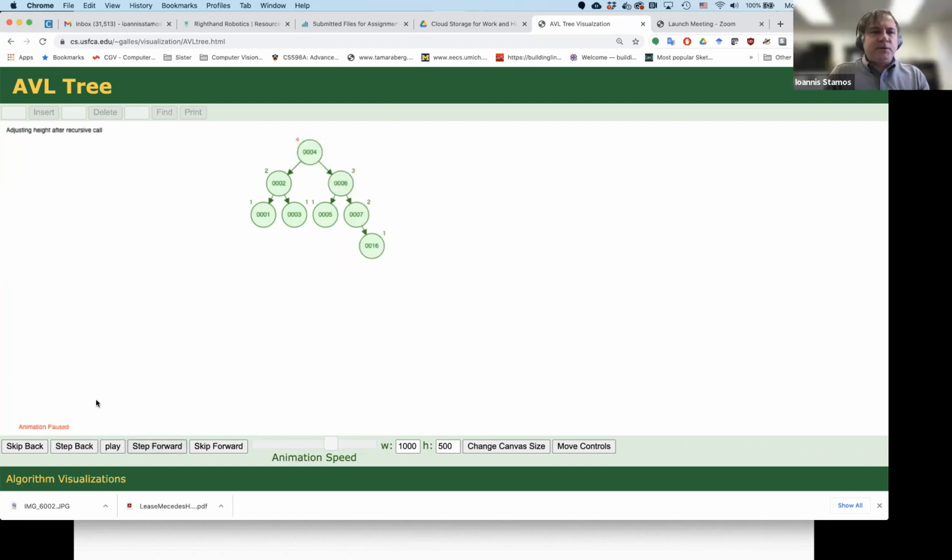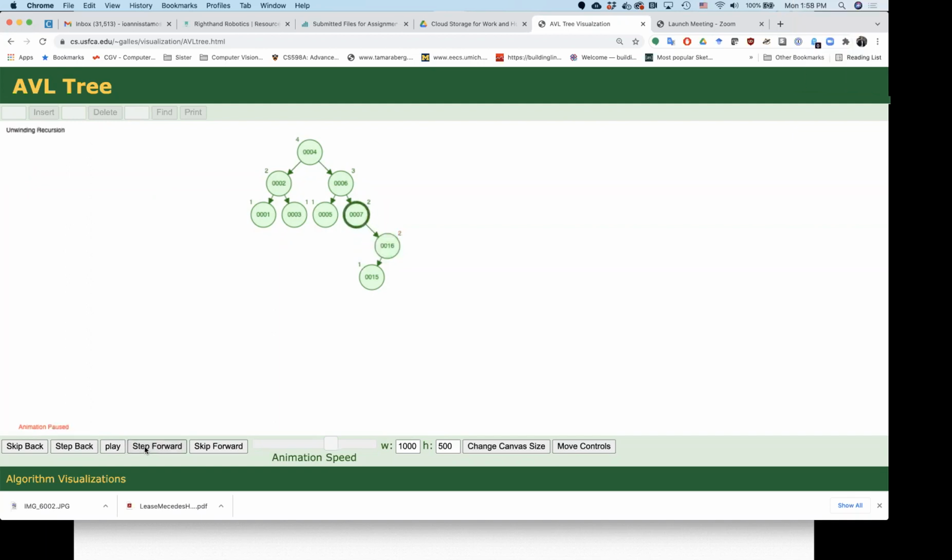Here, no. So nothing is happening. 16, 15. We insert 15. Now you'll see what is going to happen. So 15 is fine. How about here at 16? Are we okay? Yeah. How about at 7? No violation.